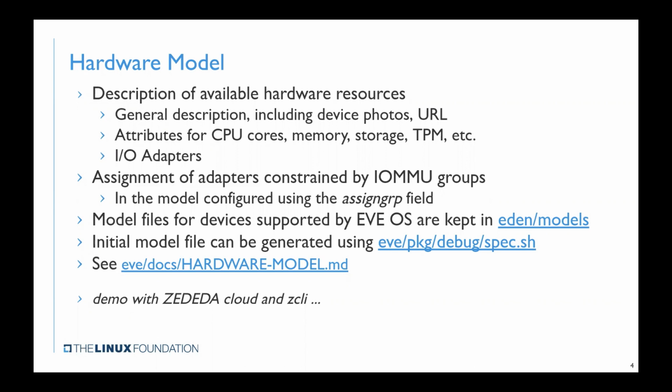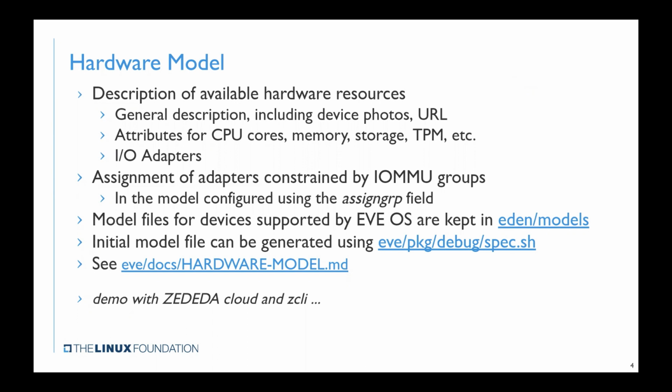It is good practice to put these physical labels into the model so that one can see which hardware port a particular input-output record in the device model belongs to. It is also recommended to put the URL from which the device can be purchased.